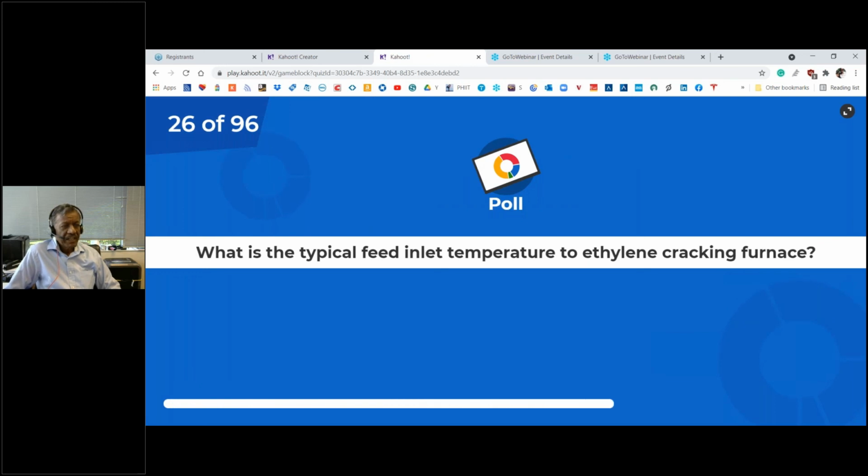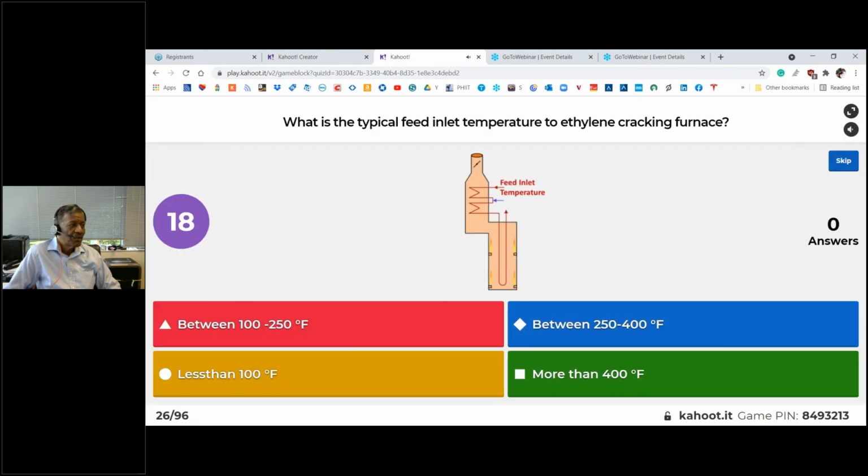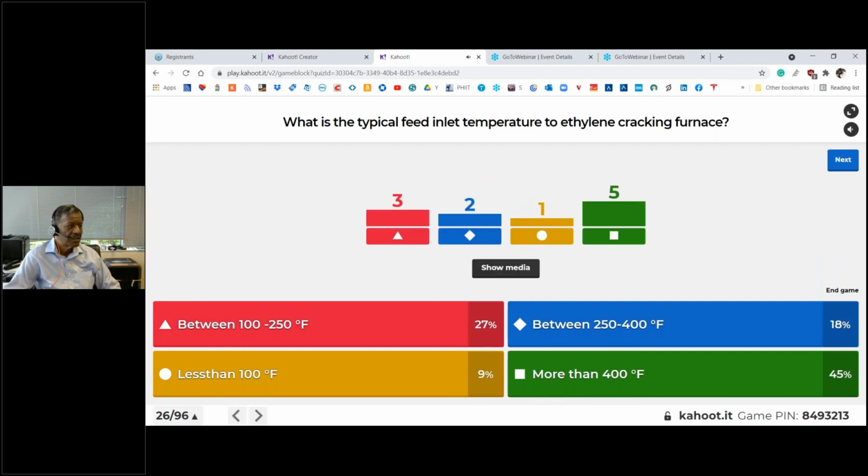So we want to see what we are feeding to our ethylene furnaces, or at what temperature we are feeding the gas or liquid to our ethylene cracking furnaces. We have 4 temperature ranges over here. Most of the feedstock, so it's ranging all over the place.